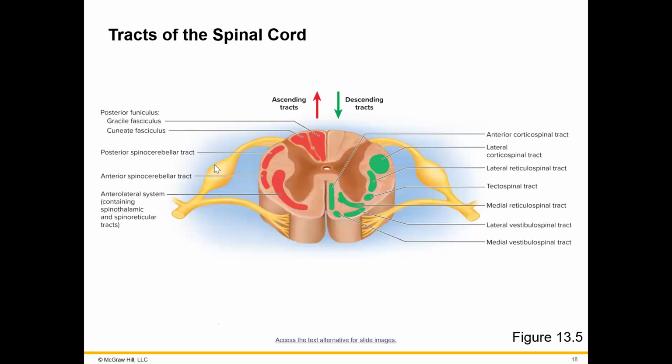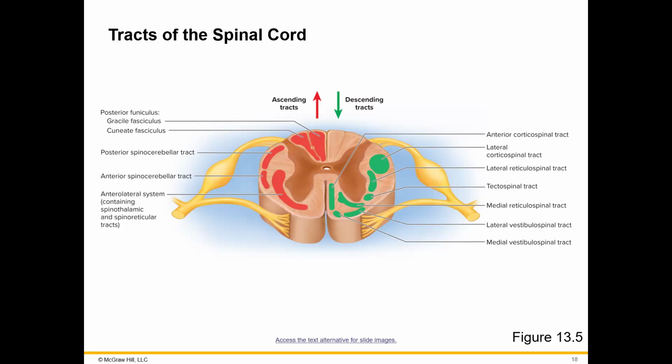But remember, ascending tracts always carry what kind of input? Sensory. Because you can never have a motor input. So input is always sensory. And descending tracts always send what kind of output? Motor. Because you can never have an output that is sensory.